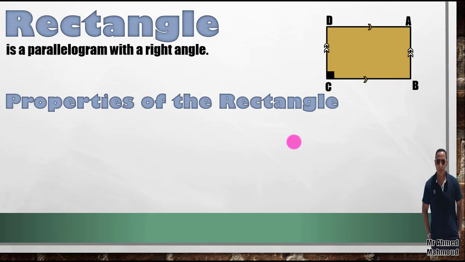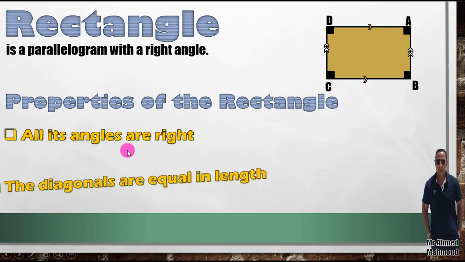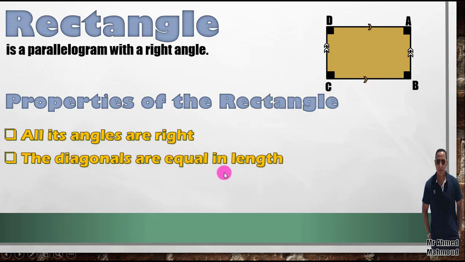The first property in the rectangle is that all its angles are right. Here angle C is right, and B, A, and D also are right, as you see. So all angles of a rectangle are right. This is a special case for the rectangle. Also, the diagonals of the rectangle are equal in length.